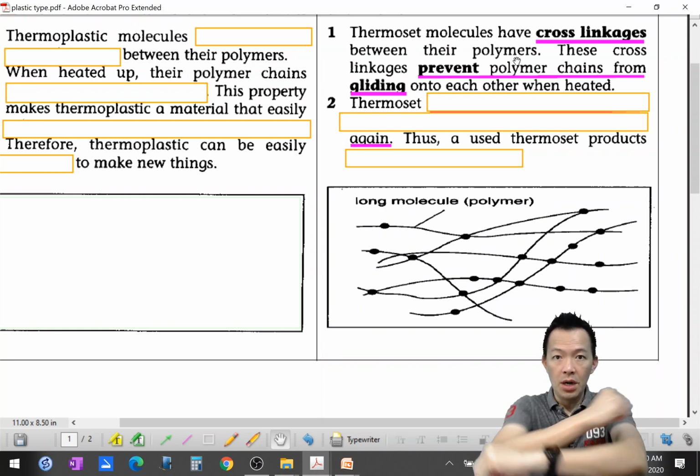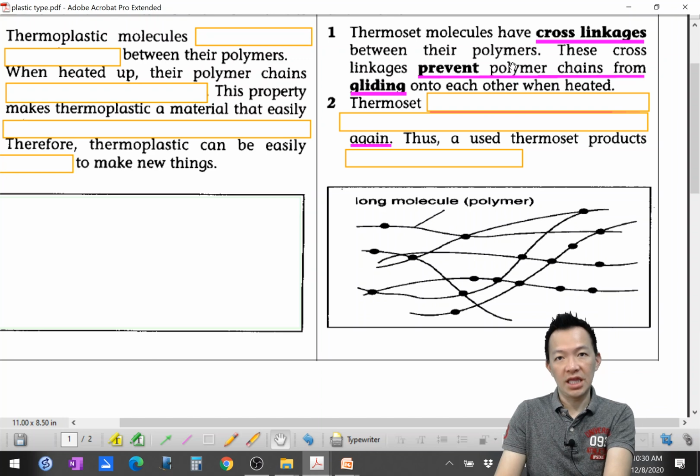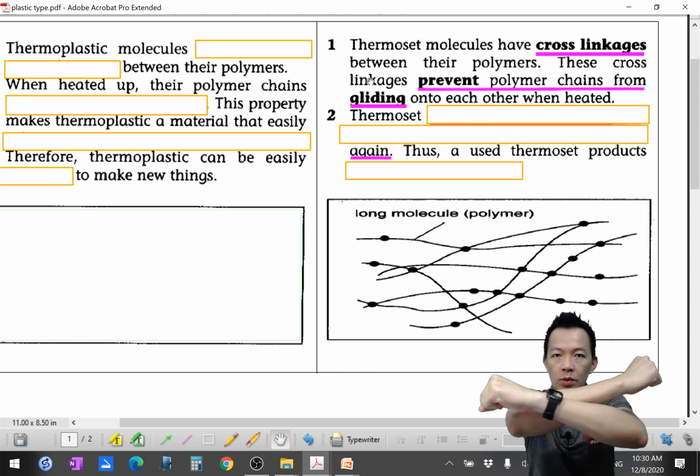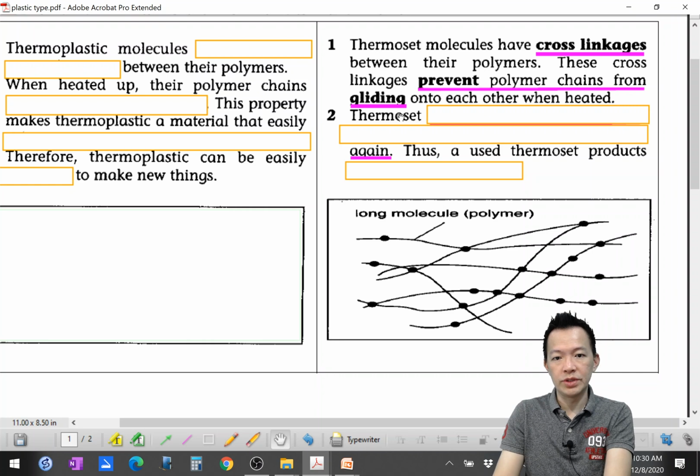That's why thermoset has some special characteristics, because the polymer cannot glide over one another. When you heat them, the polymer cannot move at all, 几乎不能动.